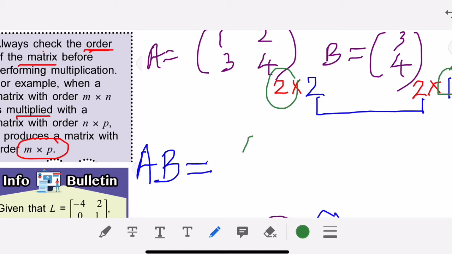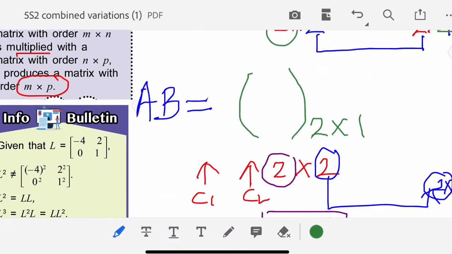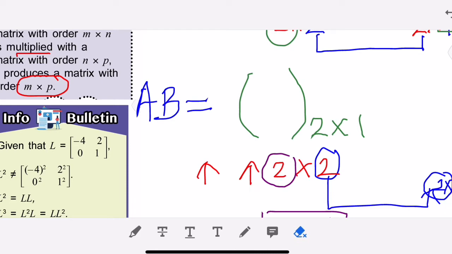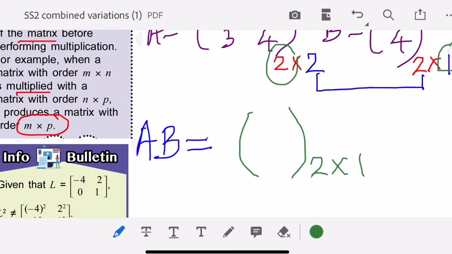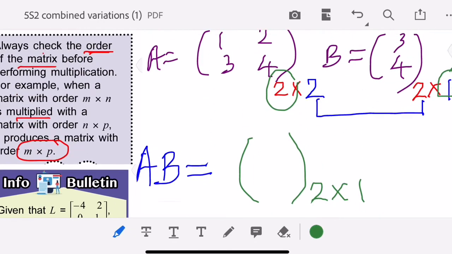That means the product will be 2 by 1. Got it? Before I multiply, I already know I'm going to get a product of order 2 by 1.